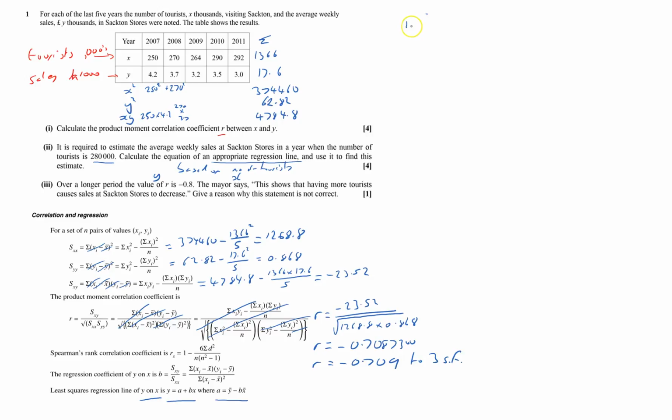This is part 2. I want y on x, and I've got b equals sxy over sxx. That's on the formula sheet, so minus 23.52 over 1268.8, and that is minus 0.0185735372.